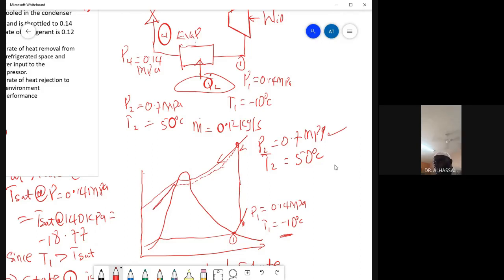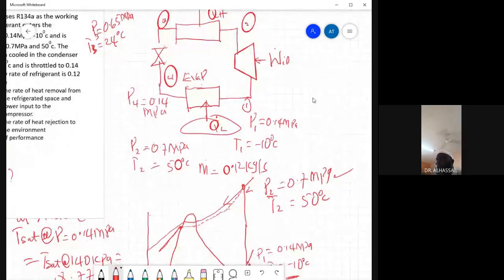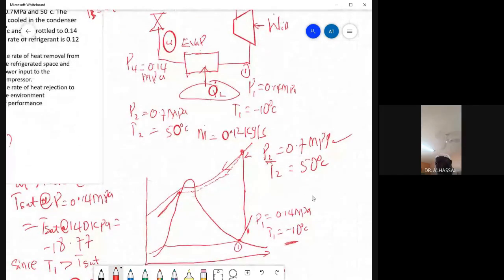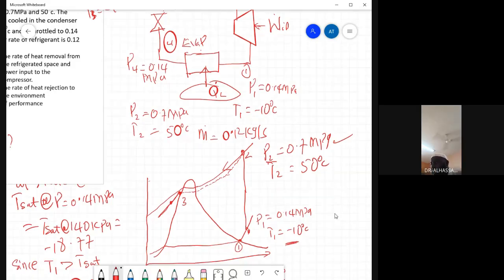This is the actual situation. Let's say this is state 3, but we cannot tell yet. The properties of the fluid at state 3 are 0.65 megapascal pressure and 24 degrees Celsius. We have to cross-check whether the fluid is in the saturated liquid state or the compressed liquid state. How do we determine that?